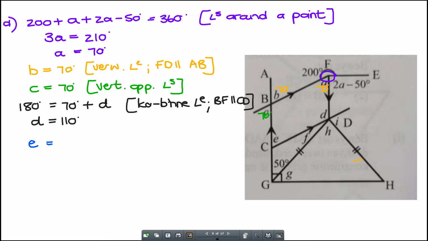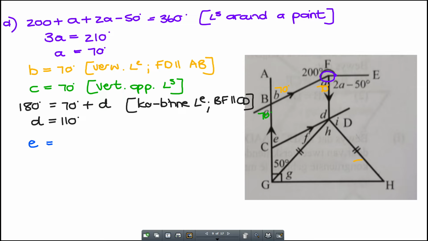Jy hoef nie die woord parallelogram uit te skryf nie. We write it like this. These are parallel lines, né? So jy kan net sê teenoorstaande hoeke parallelogram. That's it. Ons probeer dit so kort en maklik as moontlik hou.